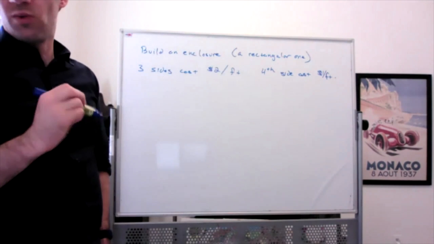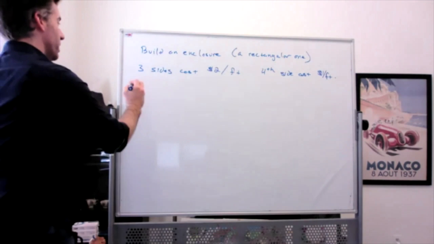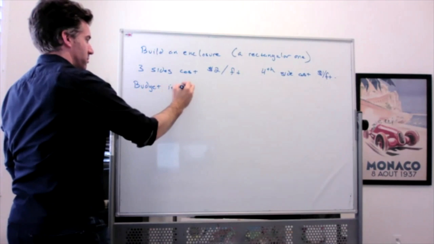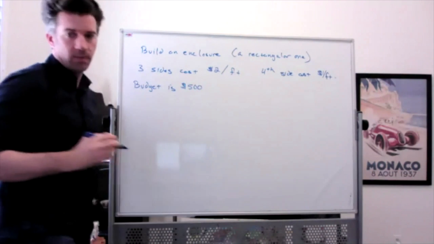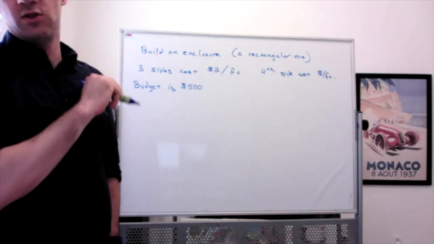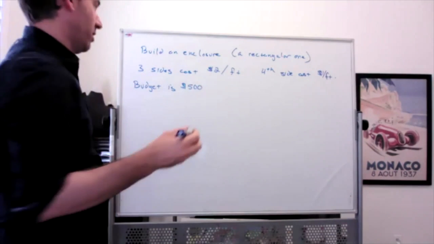If the rancher can only afford to pay $500, so our budget is $500, what dimensions... oh, it does say rectangle at the end. What dimensions should the rectangle be to maximize the total area?